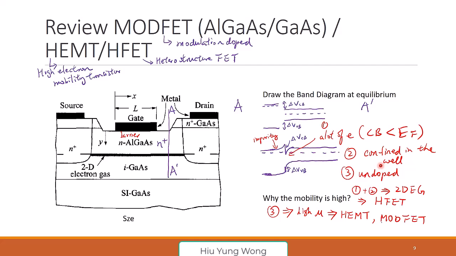Okay? Question? So the majority carriers are responsible for current flow? Here we don't talk about majority. This one is just band bending, and even whether it is N type or P type here is not important anymore.